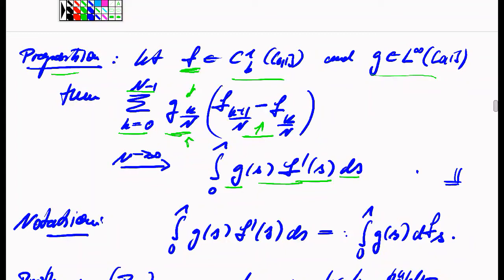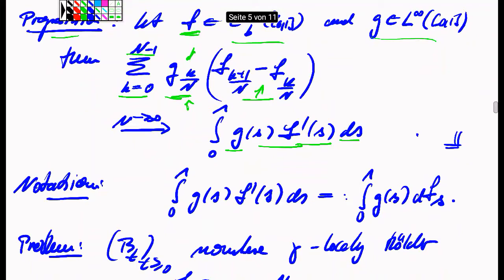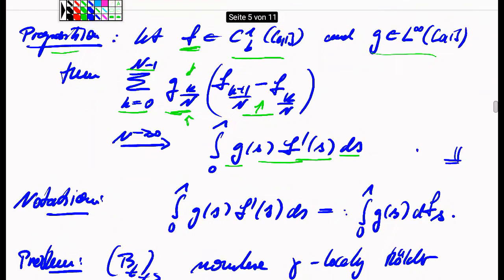So that's a simple exercise in one-dimensional analysis to convince yourself that this is the limit.